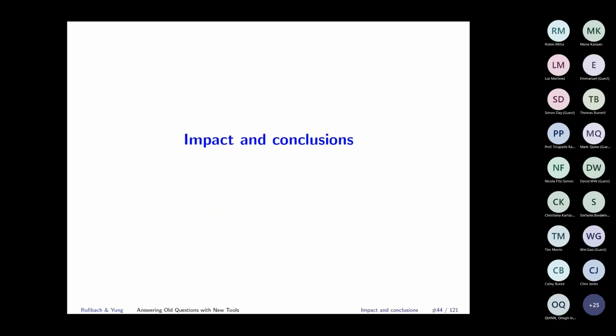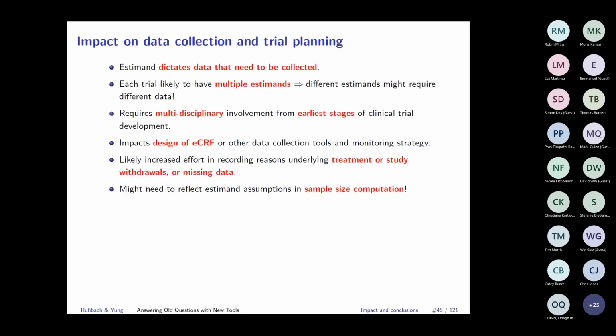And let me just go to my last slide, impact and conclusions. So the estimate dictates the data that needs to be collected. It requires multidisciplinary involvement from the earliest stages of clinical trials. So statisticians in clinical trials should not let that be pushed to them, that you are the statistician, you write down the estimate. This needs discussion with everyone involved.